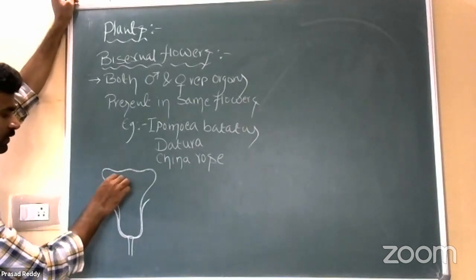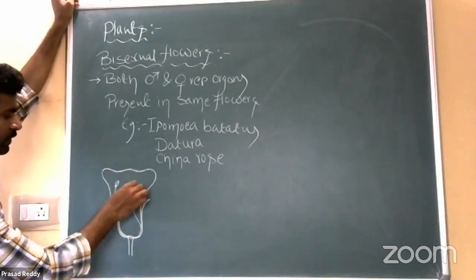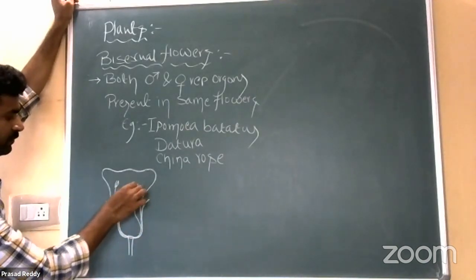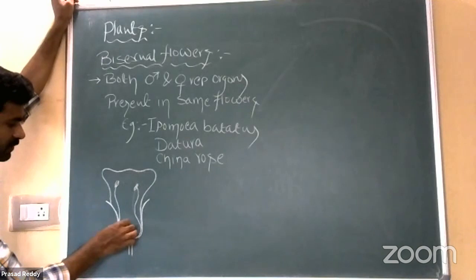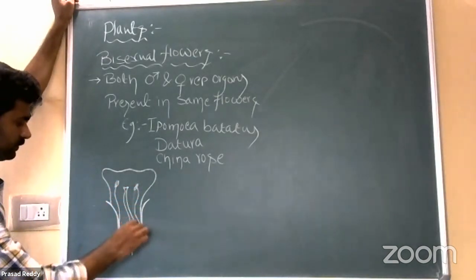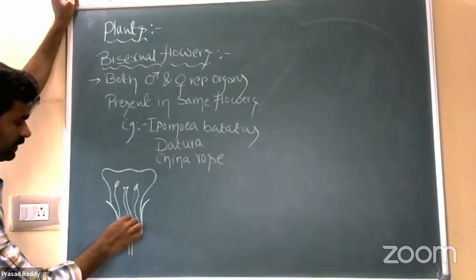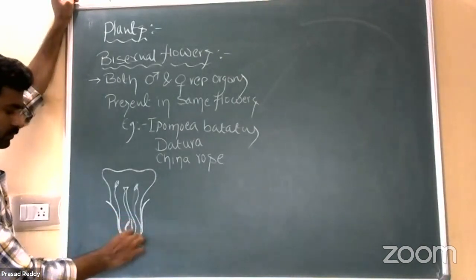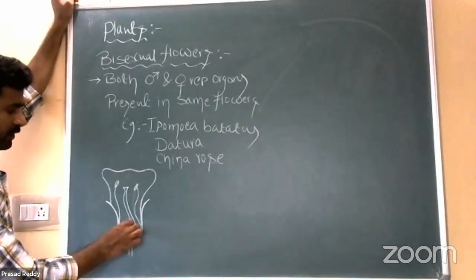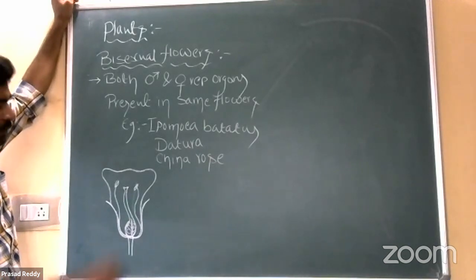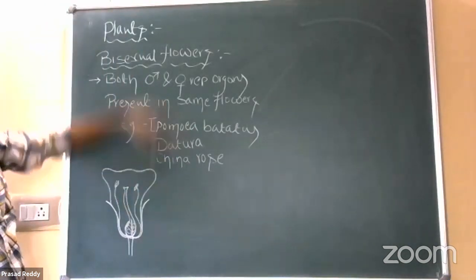Then the fourth whorl is the gynoecium. See here, it is the androecium, and the fourth whorl is the gynoecium. So this one is the female reproductive organ, and this is the male reproductive organ. So this is the longitudinal section of a bisexual flower.